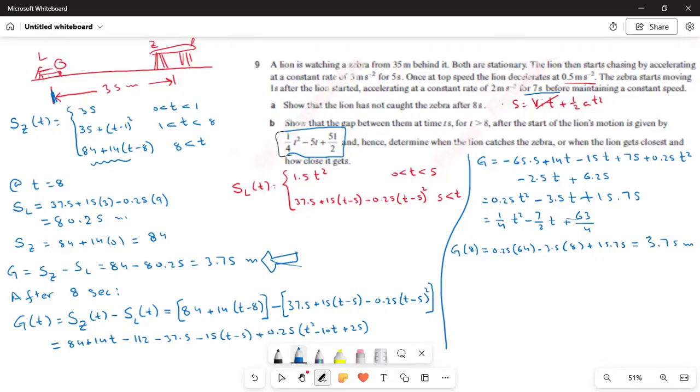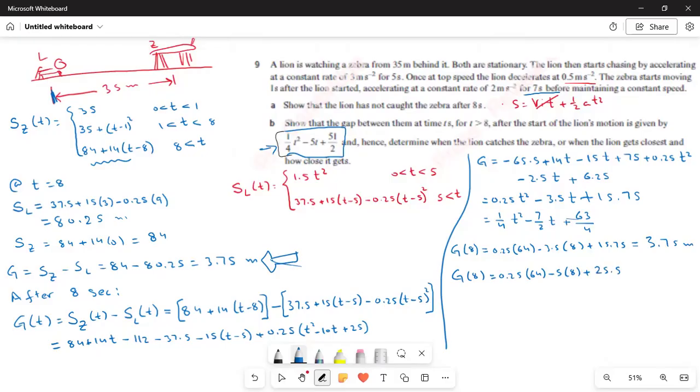And if I use the equation given by the question, let's see how much this will give us. Again, 0.25 into 64, and minus 5 times 8, and plus 51 by 2, which is 25.5.